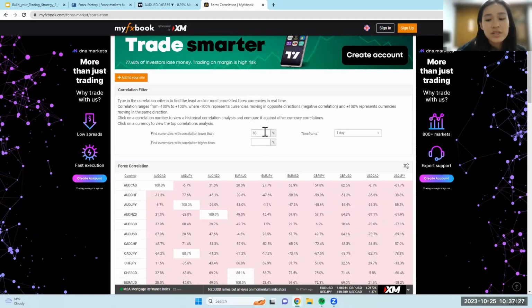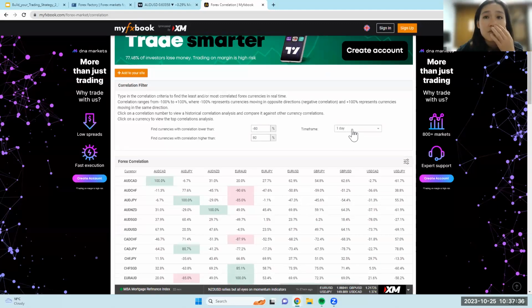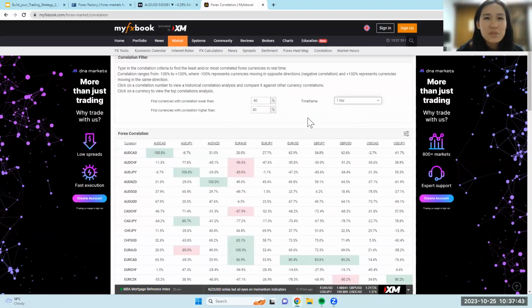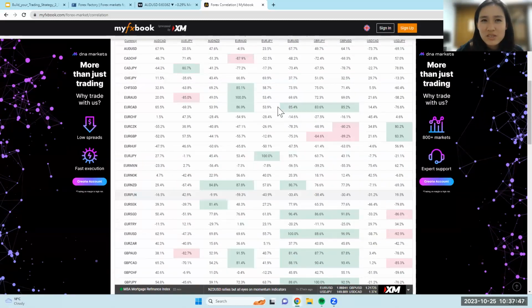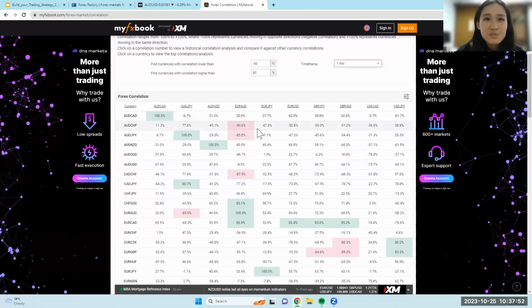So if it's negative 80, currencies with correlation lower than negative 80% and higher than 80%. We're day trading, so I'll just use 1 day. I can't remember if it's 80 or 70%. If you guys know, let me know in the comments in the chat. But yeah, it highlights those that are really strongly negatively correlated or positively correlated so that you can check them on your charts.